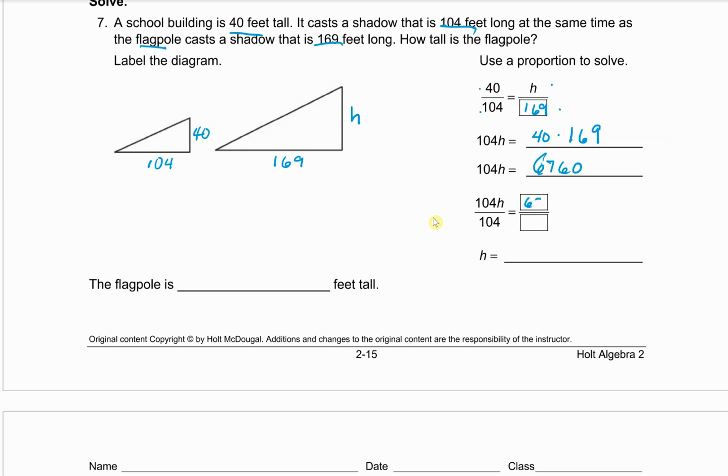We're going to divide that by 104, and we get h is 65. So the flagpole is 65 feet tall. There's our flagpole. Yay, it's a flag. And it's 65 feet tall.